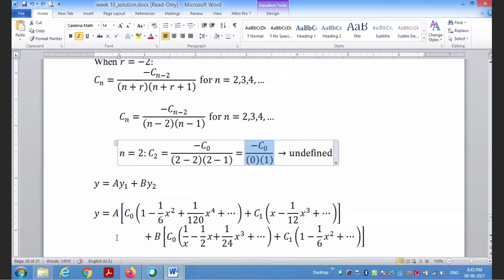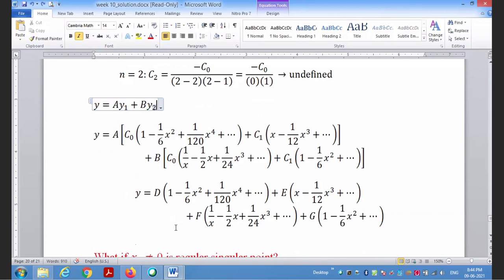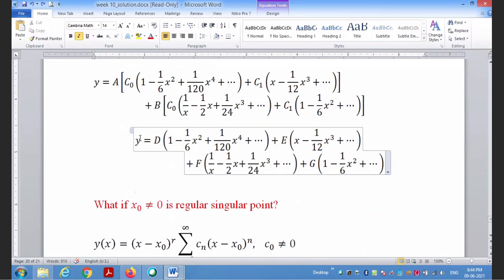That's why we have y equal to a y1 plus b y2. There is no y3, because there is no solution. So the same thing, you just plug in y1 and y2, and you got this. If you can write this in general form, in summation, that is even better.